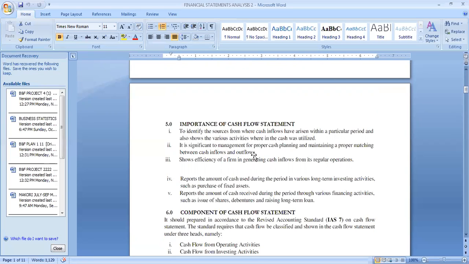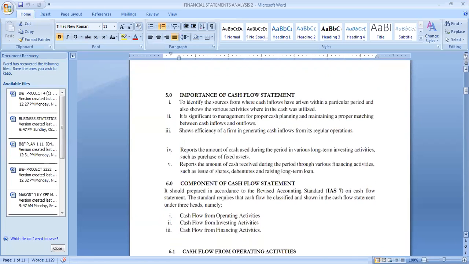Also, it is useful for management so that they can plan properly, and it shows the efficiency of the firm in generating cash, and reports the amount of cash used during the period and the amount of cash received during the period through various financing activities, e.g. the issue of shares, debentures, and all that. So the cash flow will give a very good indication whether you are receiving more than you are spending or you are spending more than what you are receiving, and the management can adjust where necessary.